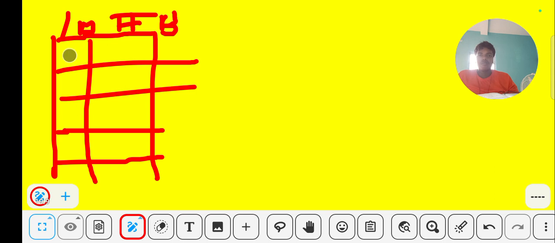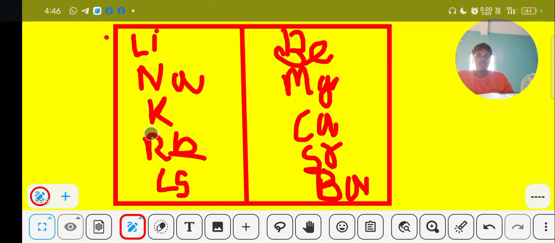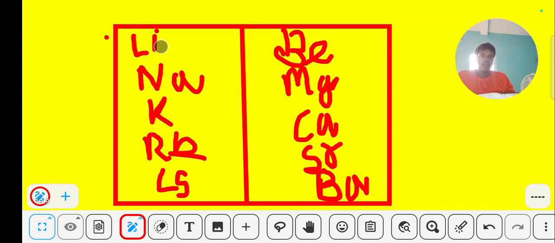Now in 1A there is hydrogen, lithium, sodium. Now I will make it big. In the periodic table, this first group is known as the alkali metals, and this is known as the alkaline earth metals.